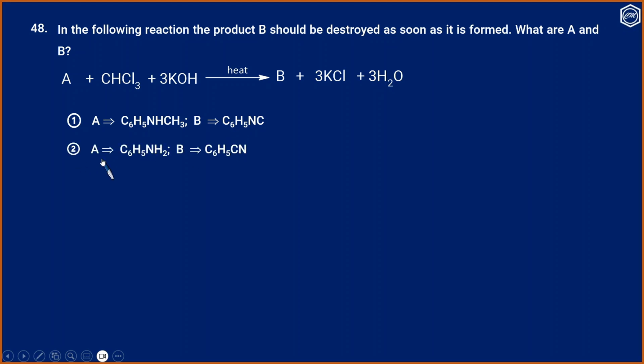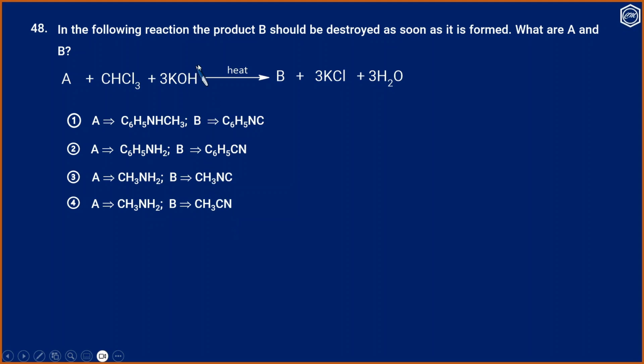Option 2, A is C6H5NS2, B is C6H5CN. And 3, this one. And 4, A is CH3NS2, B is CH3CN.